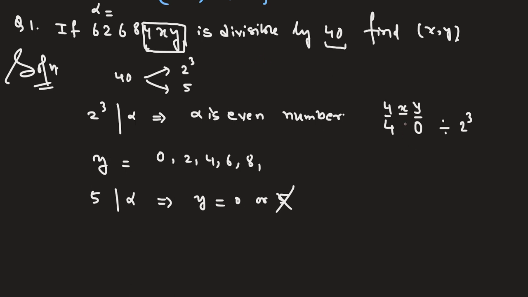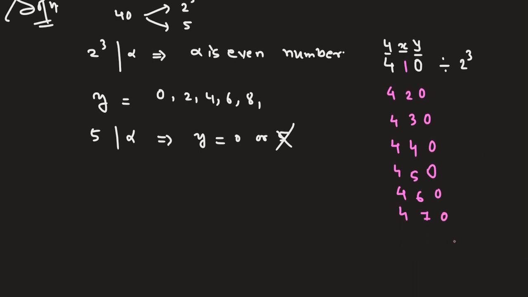We can take x value 1, then 2, 3, 4, 5, 6, 7, 8, 9, and finally 0, giving 4 0 in the last two places. So check one by one.